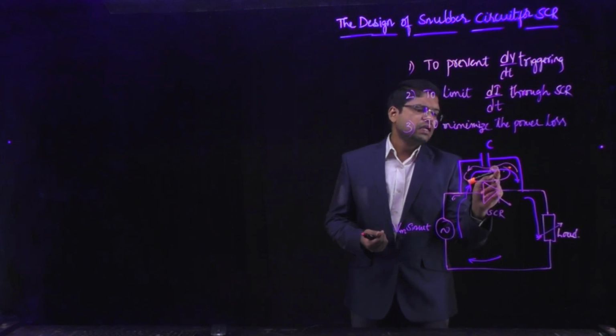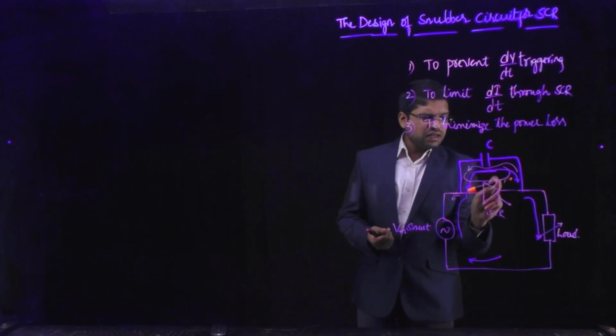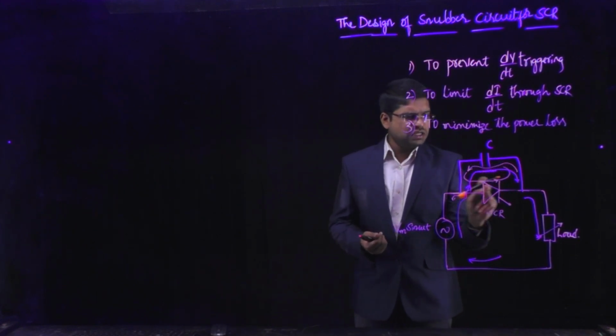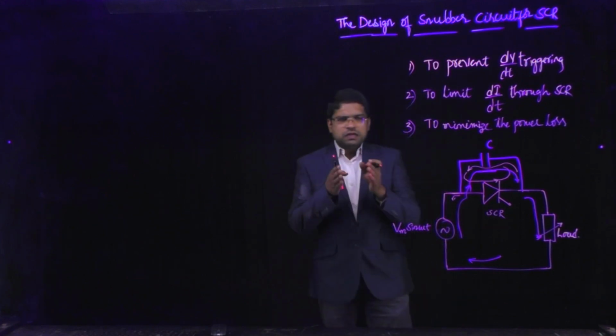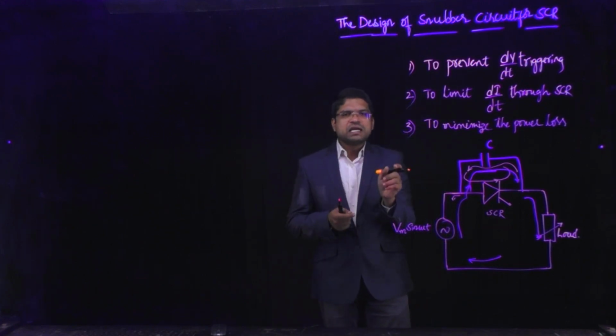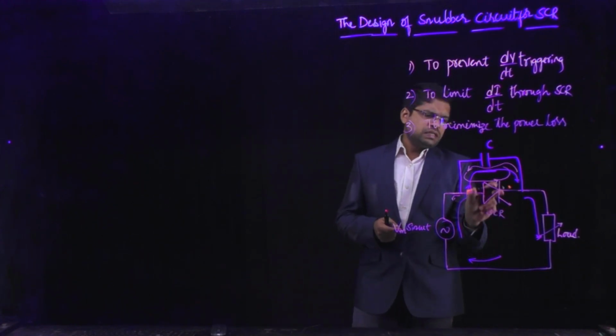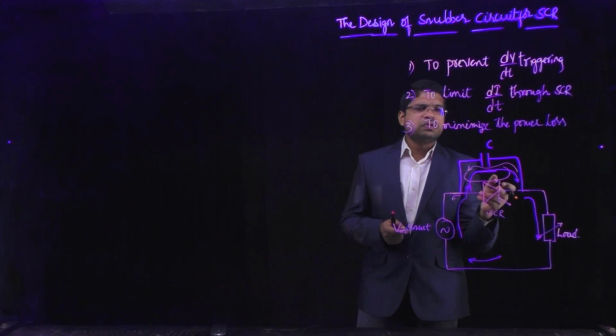So the current flowing through the SCR is very high. Because of this high rate of change of discharging current through the SCR, there will be hot spots in the device because of high current density in the region of the gate connection. Then it may cause the SCR to get damaged.